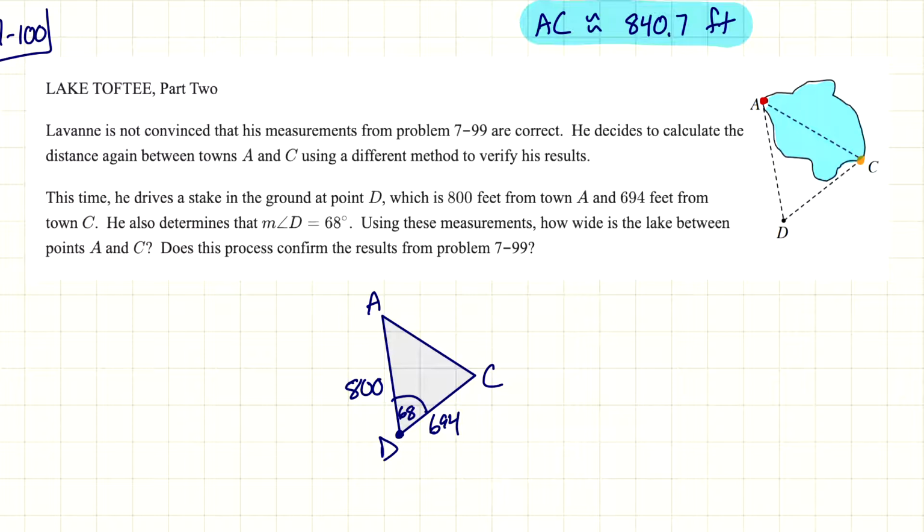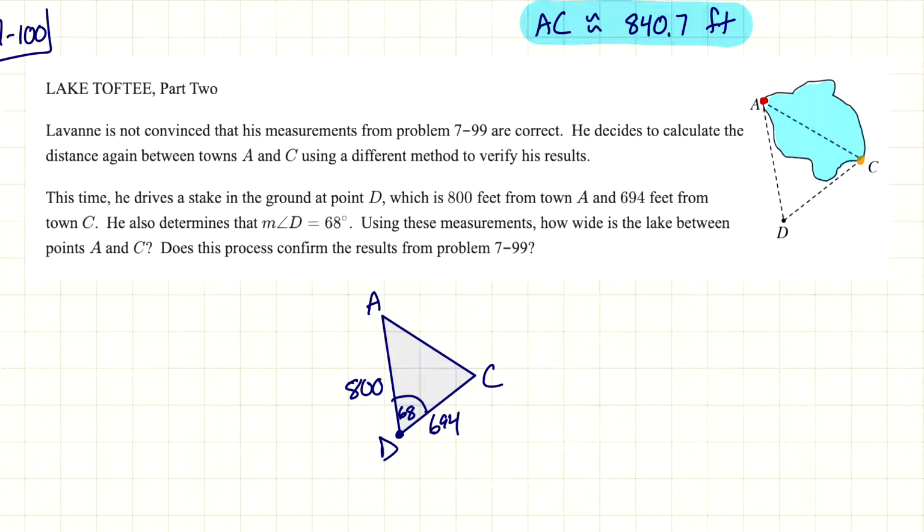I've taken those measurements, I've redrawn it. Can we use one of our other tools? Something trig related, sine, cosine, tangent. Is it that simple? Can we use Pythagorean theorem? Or do we need to use one of our other tools, law of sines or law of cosines?